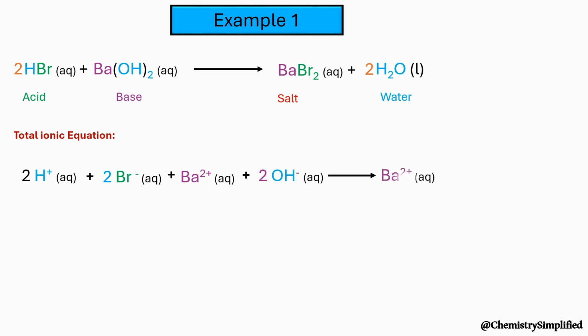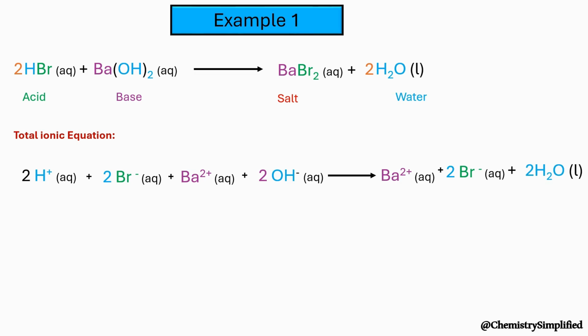And we get the salt, where the barium ion would dissociate because it's soluble, and the bromide ion would dissociate as well because it's a soluble salt, and water. We will cover solubility of salt in future lectures.